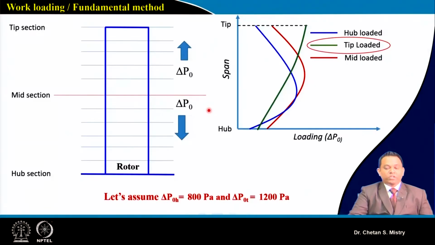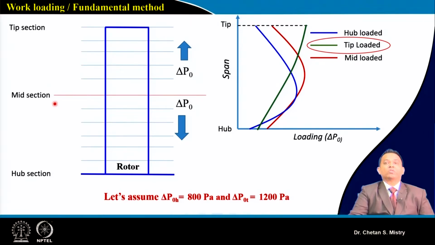Now, as we have discussed during our class session, in order to use this fundamental approach, we have three different possibilities. We can go with a hub loaded design configuration, a mid loaded configuration, or a tip loaded configuration. So these are the different approaches we have discussed.